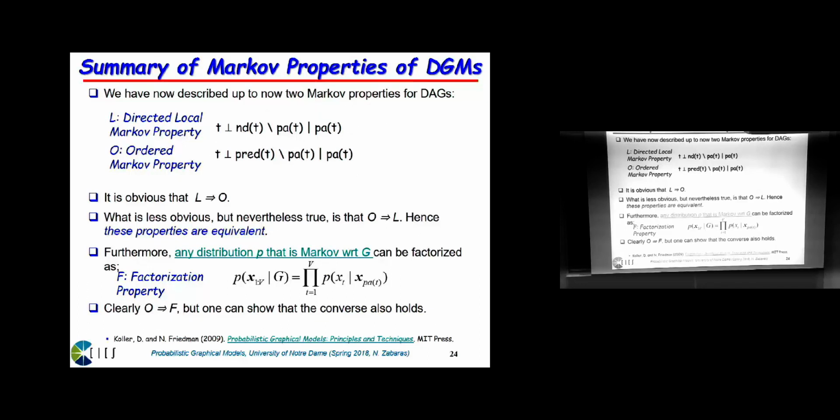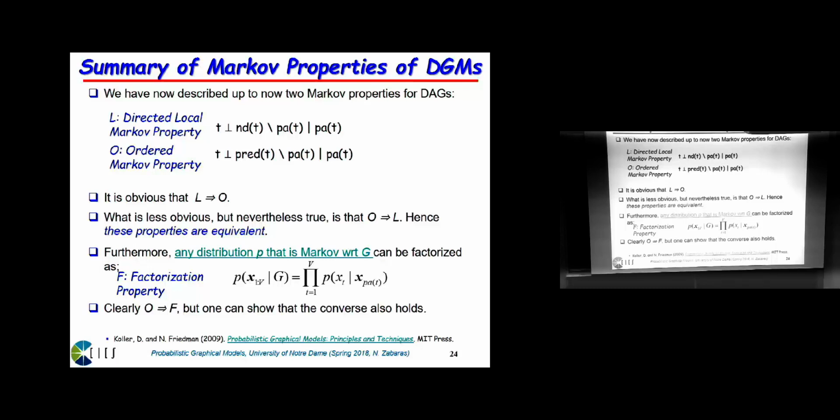Every node given the parents, sorry, given the parents, is independent of the node's non-descendants, excluding, of course, the parents. And the predecessors are a subset of the non-descendants, so the node is independent of the predecessors given the parents.